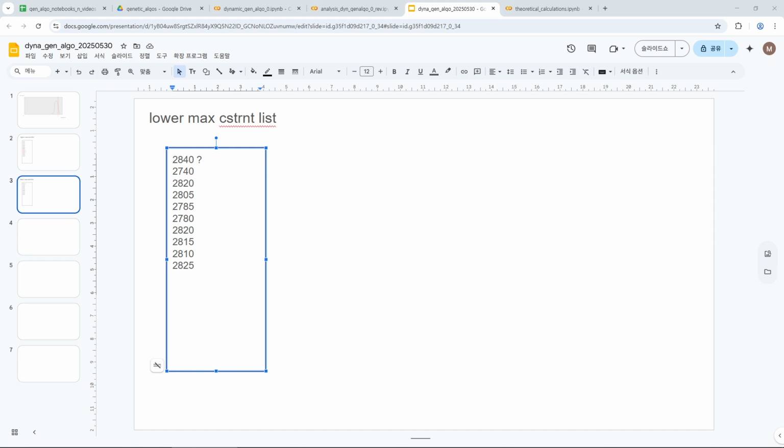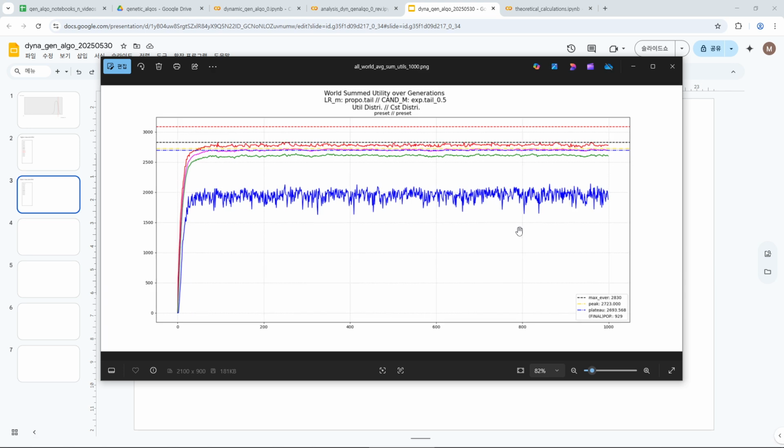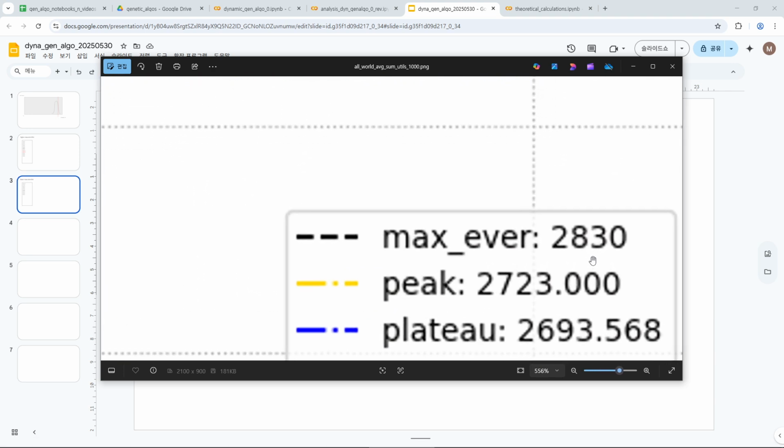And in this next one, now we have again 1 era, 1,000 generations, and 1,000 entities in the population, and the candidate percentage has been raised to 0.5, as in 50%, and now the maximum ever in this case is 2830.